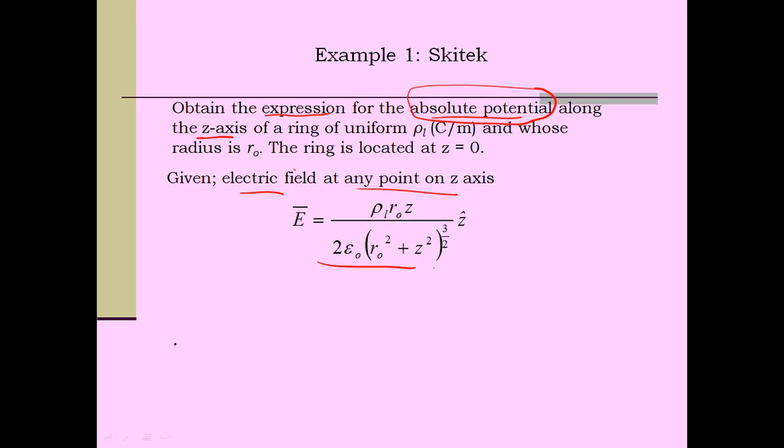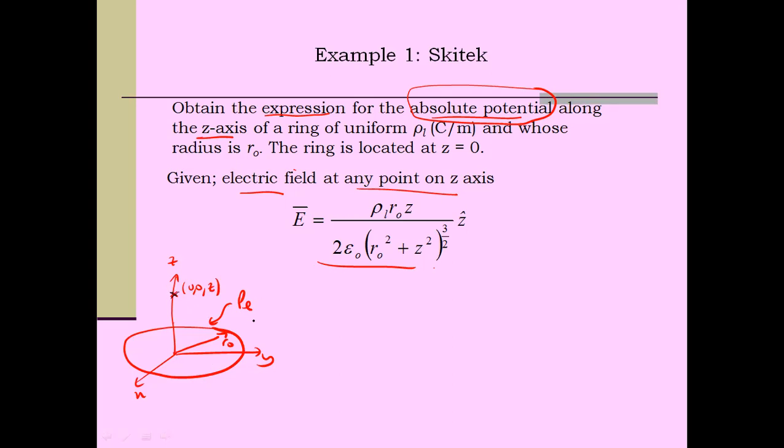If we sketch the problem, it should look like this, where this is the X, that should be the Y, and that should be the Z. So your ring looks like this, and that should be R naught, the radius of the ring, with charge density rho L. You need to find the potential at any point on the z-axis. Let's define the point to be (0, 0, z), so z is a variable.